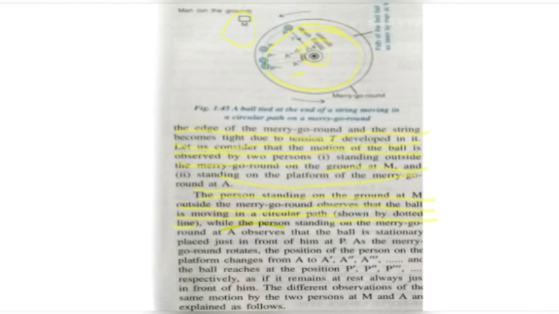While the person standing on the merry-go-round at A observes that the ball is stationary, placed just in front of him. So this person observes that the ball is not moving, which means it is a static situation.